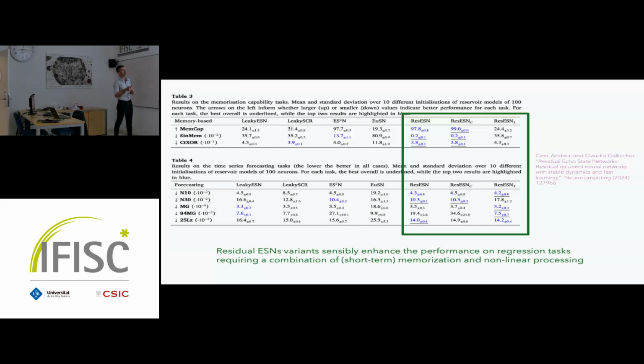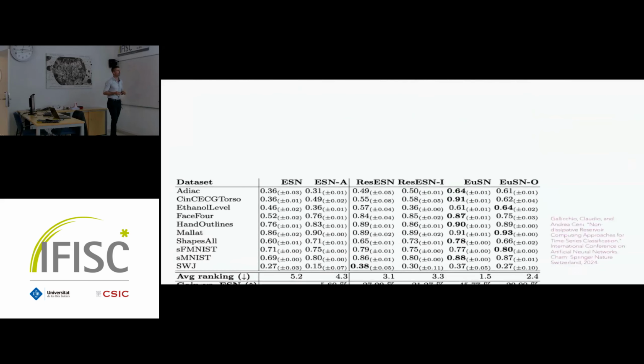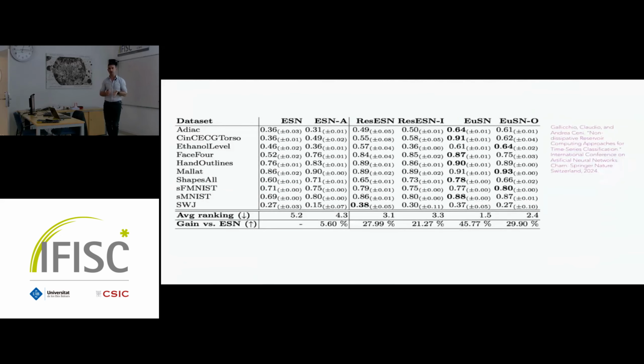Even compared to Euler state networks, which actually perform very badly. So Euler state networks perform very badly on problems involving short-term memorization. But what happens when we go to time series classification, then the story completely changes and reverses. What you see here are a number of time series classification problems. Some of them are more complicated than others.